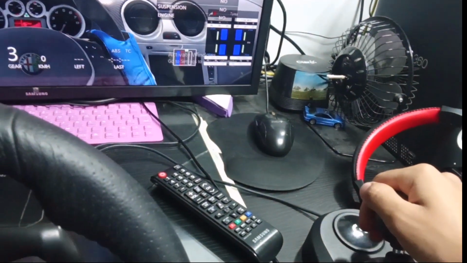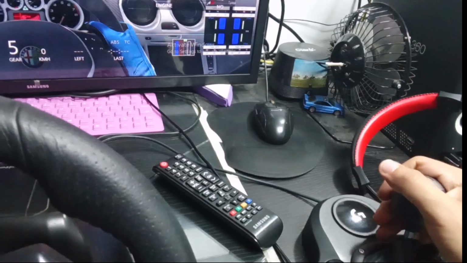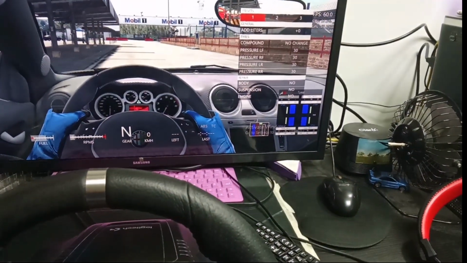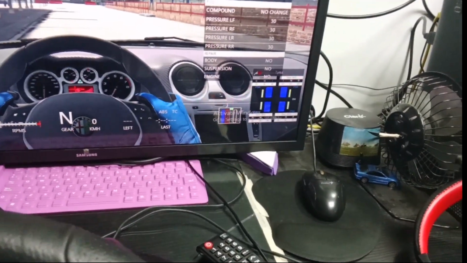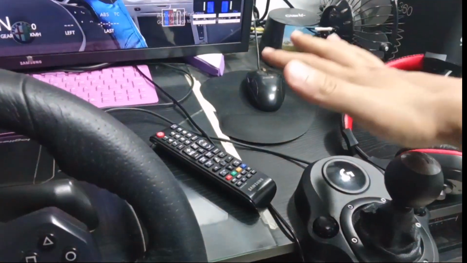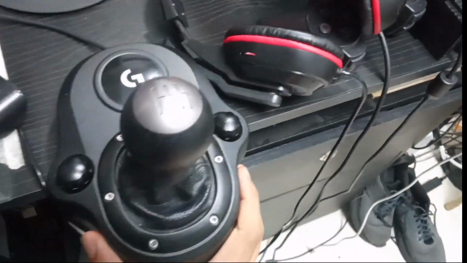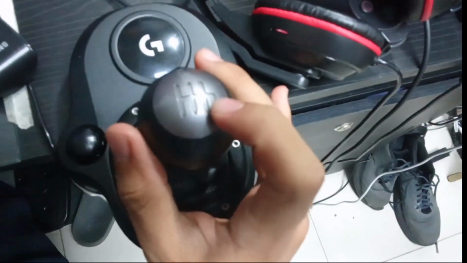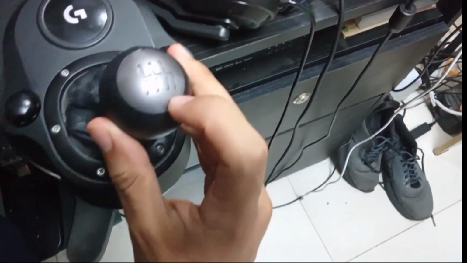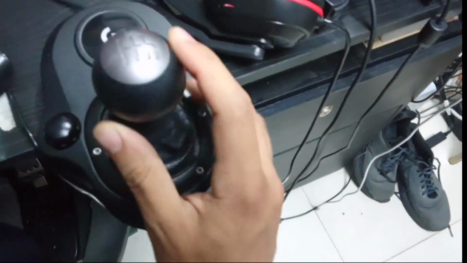Second, third gear, fourth gear, fifth gear, and sixth gear. And now, maybe someone will be wondering how to make reverse. This just depends on the car. For example, this shifter has the reverse as you can see in the map here. Here we are in sixth gear.